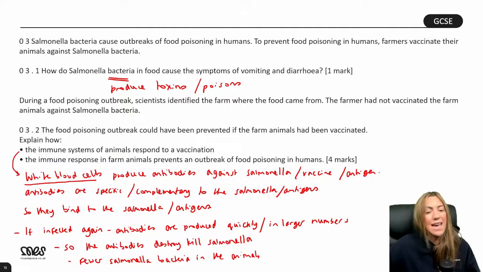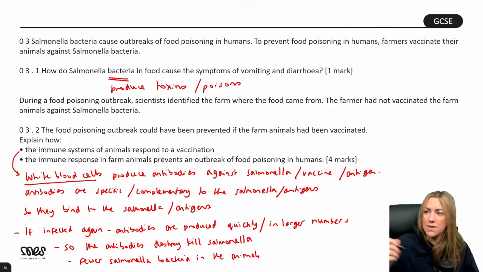Because if they ever get infected, the white blood cells are going to be able to produce these antibodies super quickly and in large numbers and destroy the Salmonella. So the numbers of Salmonella will be much, much lower. So there's going to be far fewer Salmonella in the animals or in the animals' products. So in the animal meat, in the animal milk, in the animal eggs.